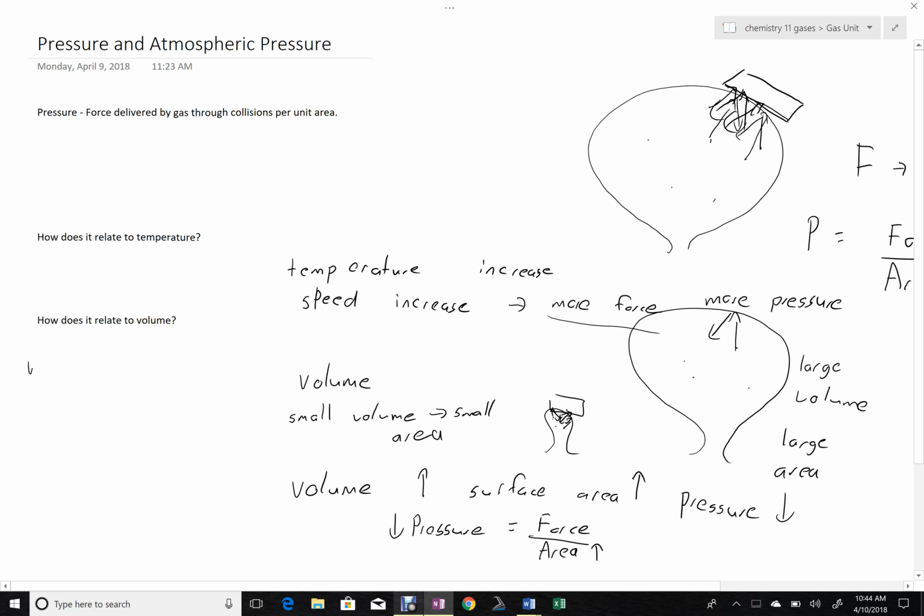So as volume increases, pressure decreases. Both of these arguments are assuming that the number of particles is fixed.